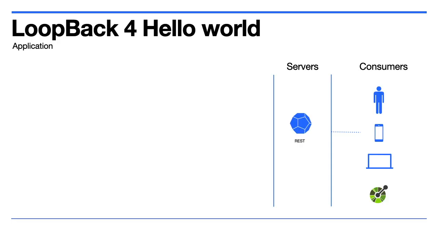So remember, we have the consumers, we have a server. In this case, we're going to have a REST server with different consumers. So all we need is a little controller. We don't need anything else. We don't need the repositories. We don't need the service proxy, anything at all. We only need an empty controller where we place our code so that our Hello World works.